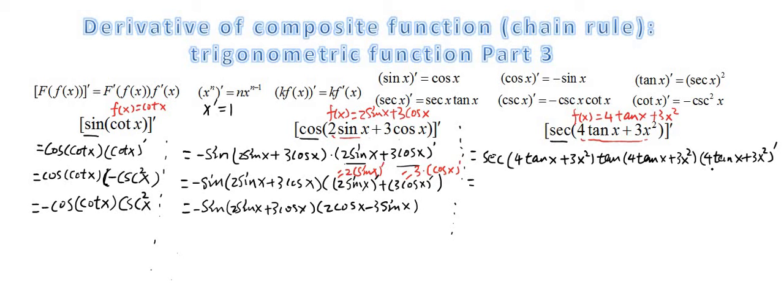So we're going to do the derivative for this term and for that term. Let's copy the first two factors: secant of 4 tangent x plus 3x squared, tangent of 4 tangent x plus 3x squared, and we're going to do the derivative for each term.